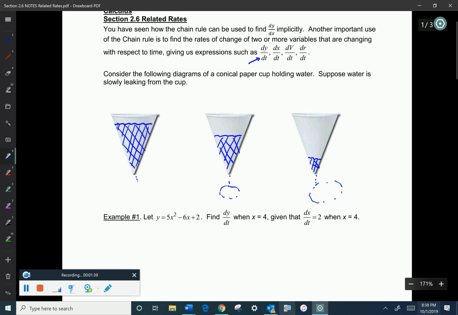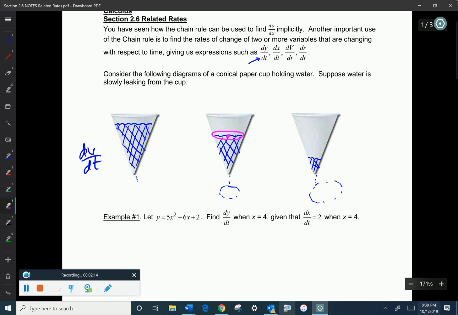But the idea is as the water leaks out, there's a lot of things that are changing. For one thing, the volume of water in the cup changes. So we would say the rate of change of the volume with respect to time. Another rate of change: when you look in the cup, you see that circular shape. The surface of the water would be a circle.